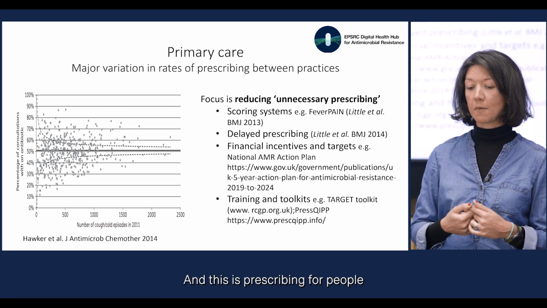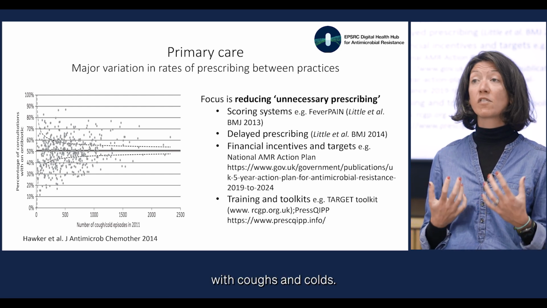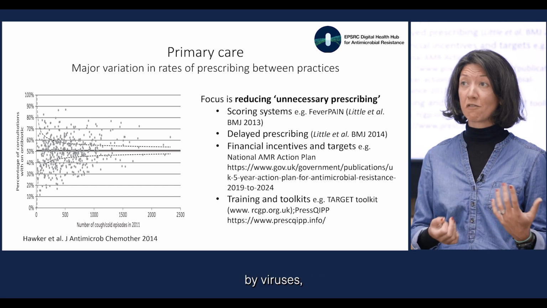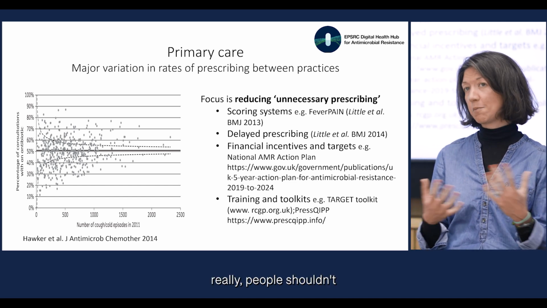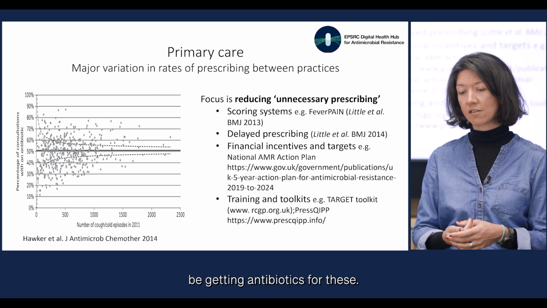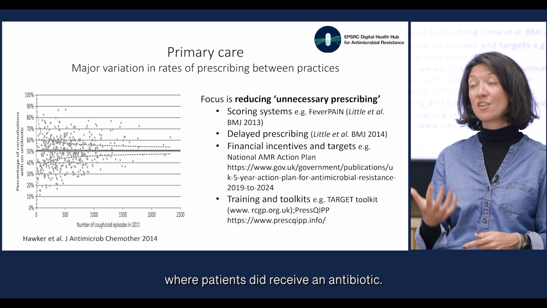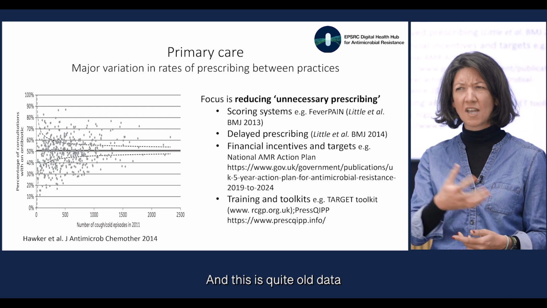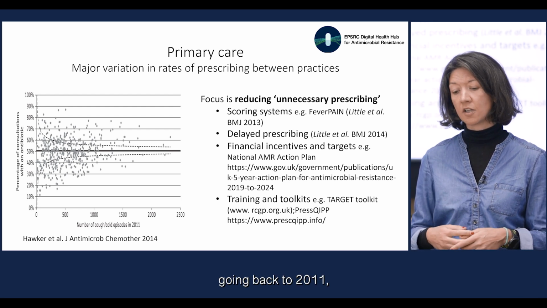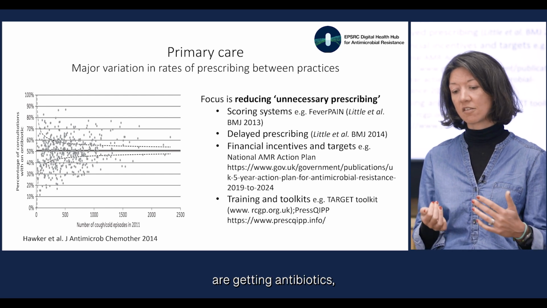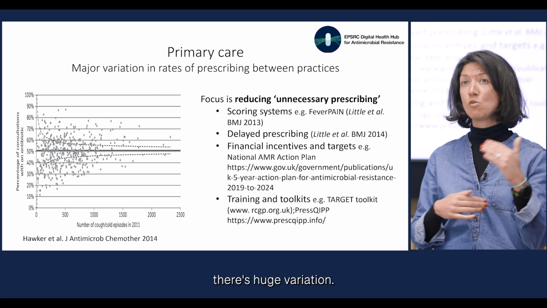And this is prescribing for people with coughs and colds. So as most of you will know, coughs and colds are usually caused by viruses. And so really, people shouldn't be getting antibiotics for these. But then you can see the proportion of consultations where patients did receive an antibiotic. And this is quite old data, going back to 2011. But you can see that a very large proportion of people are getting antibiotics. But more importantly, there's huge variation.